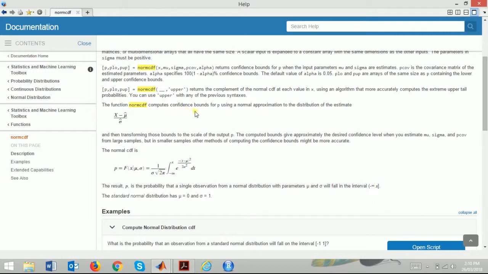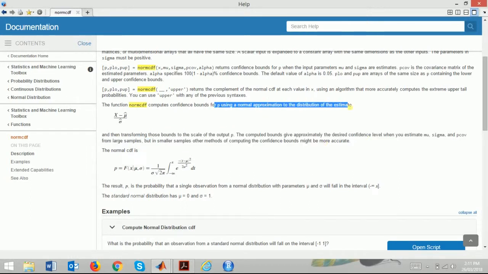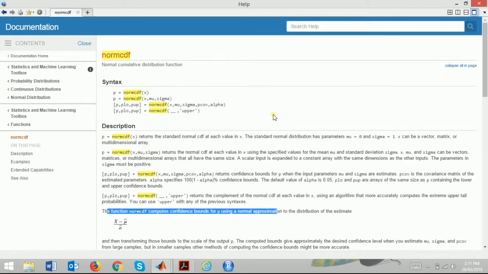Confidence bounds are estimated as x minus mu divided by sigma. It's the cumulative distribution function, simply stated. Confidence bounds for p use a normal approximation, and norm CDF estimates the confidence bounds.